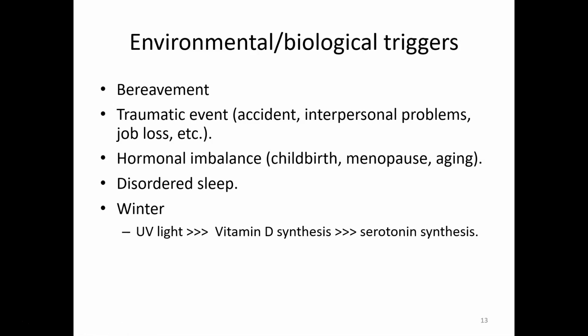Postpartum depression is one of those potential variants. This tends to occur after childbirth for a period of several months, and it's partially due to the changes in hormones after pregnancy, and also due to the fact that with a newborn child, you are probably not getting the amount of sleep that you would normally need.